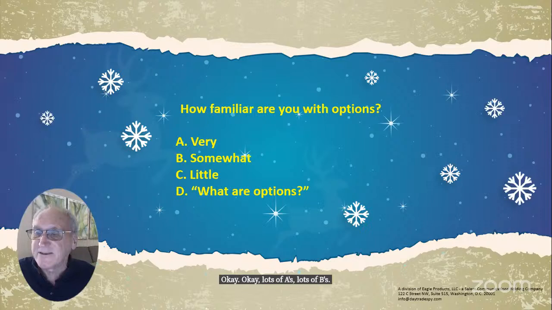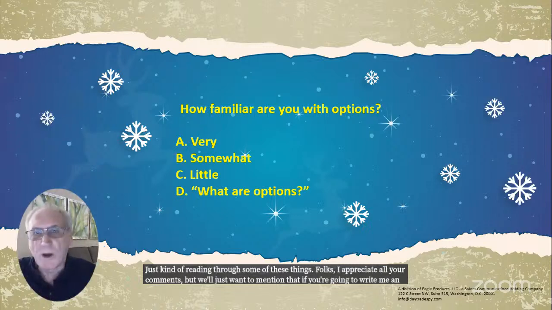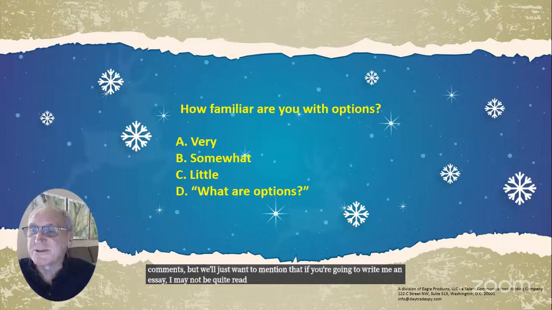I select A. Just kind of reading through some of these. Folks, I appreciate all your comments, but if you're going to write me an essay, it may not be read as quickly as something quick.